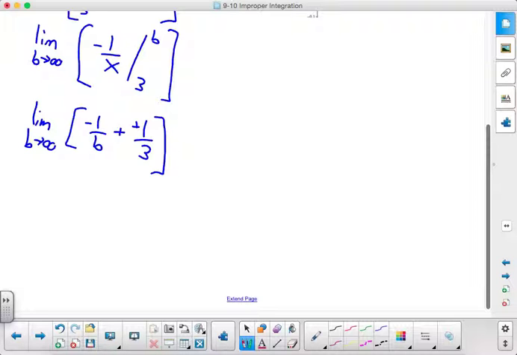So this would be really, really close to 0. What happens when I take the limit as b goes to infinity of 1/3? It's 1/3. This would say that I actually have an area under my curve of 1/3.